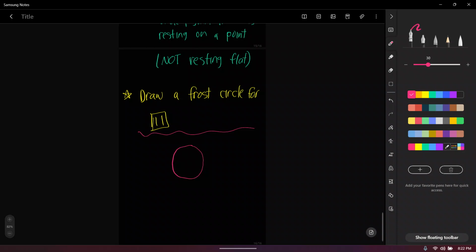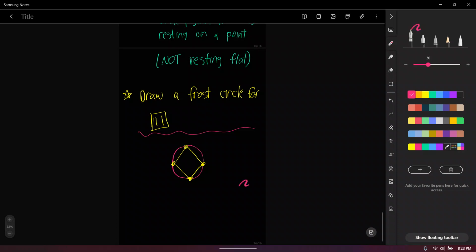So I have to place a square inside the circle such that it is resting on a point rather than flat. So what I mean by that is I'm going to put it in the circle like this. I have to rotate it, right?